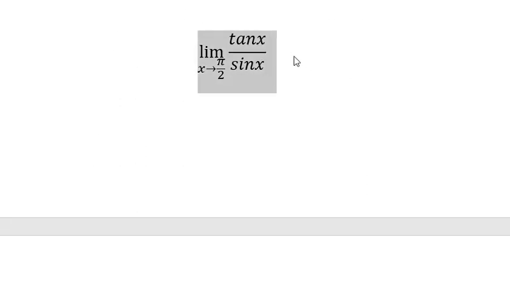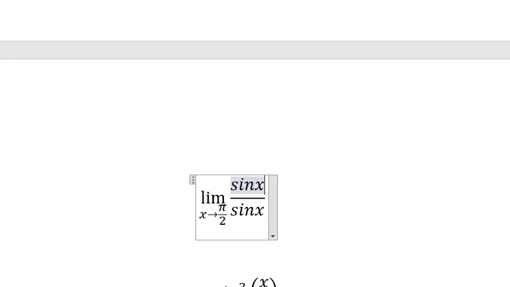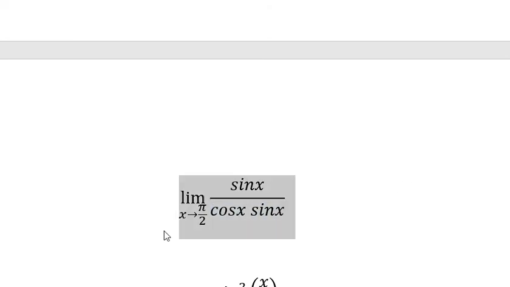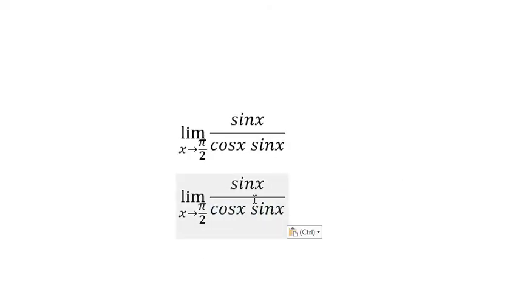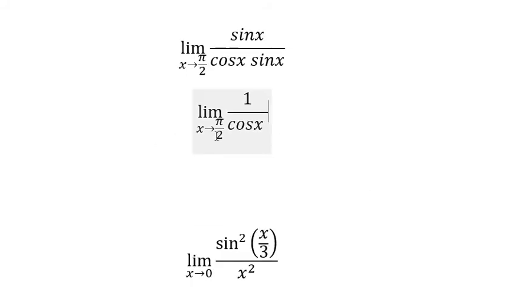Question number 4. We know that tan x is sine x over cosine x. Now we simplify this one. We see that if we put pi over 2 here, you get 0. Now we need to consider the limit on the left and the limit on the right.